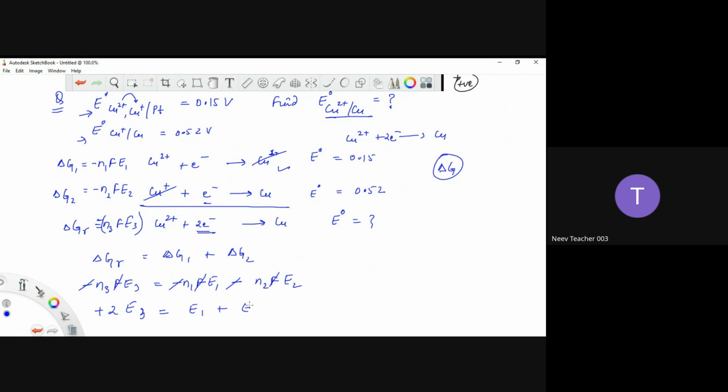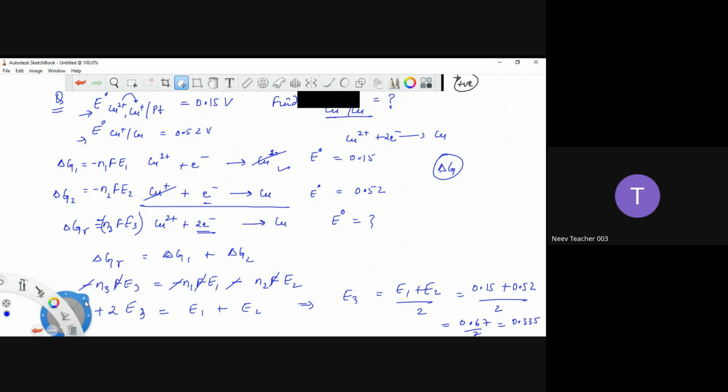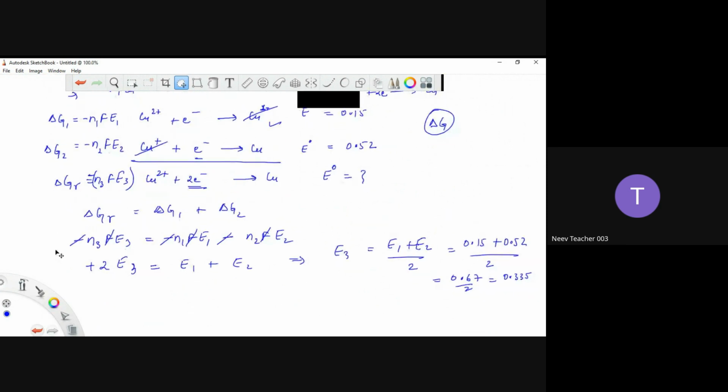So from here, E3 will be E1 plus E2 over 2. So 0.15 plus 0.52 over 2, which comes out as 0.67 divided by 2, that is 0.335. Or you can say 0.34. This is how you're going to solve it.